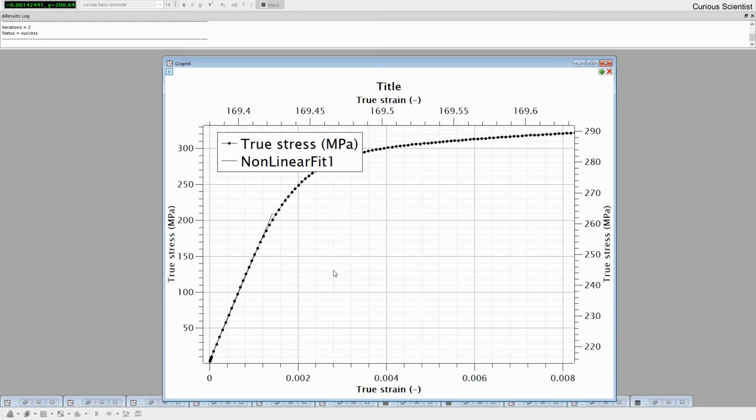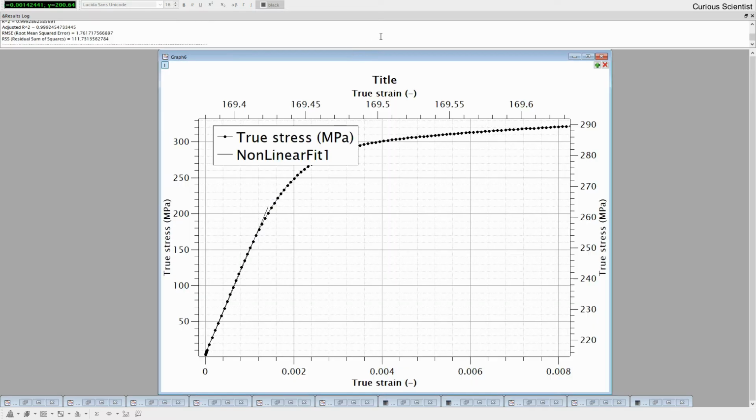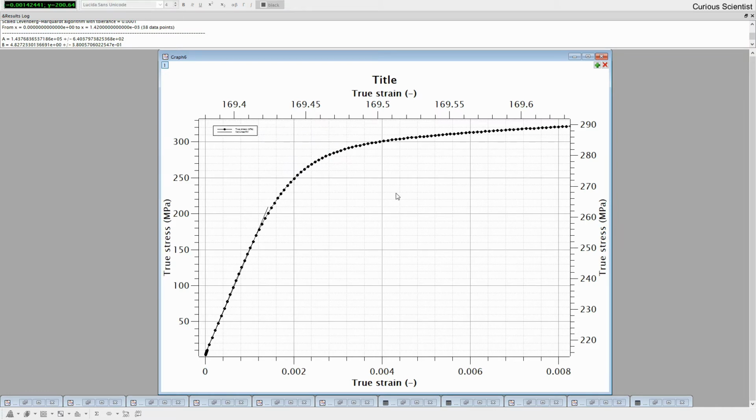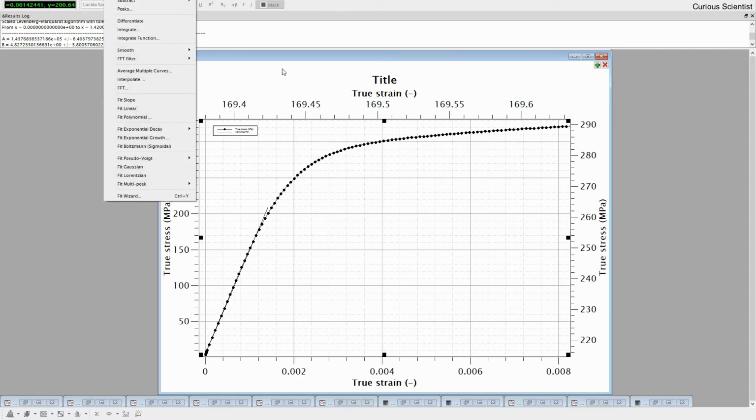But what is more important, that once we have these two values right here, then we can evaluate the yield strength of the material, or proof stress, 0.2 proof stress. What we do is basically we just need to create a new curve, and how I do it is the following.